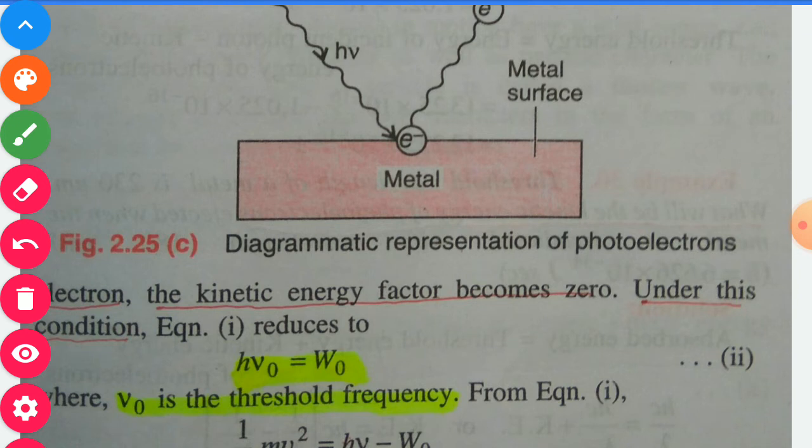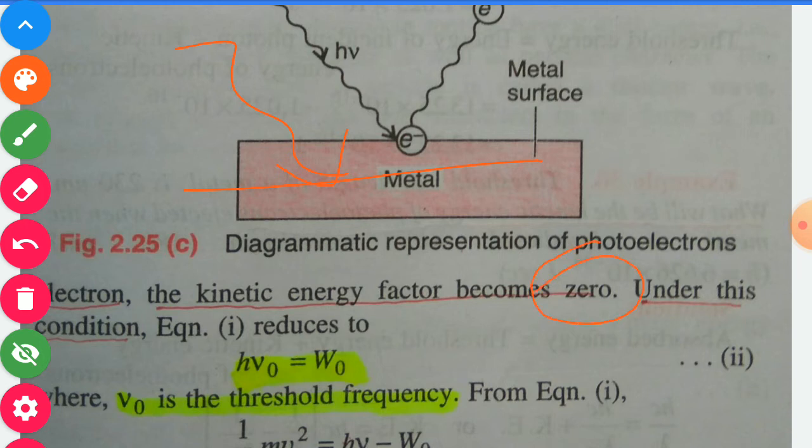Means this is the metal surface and this is the incident light. So if the energy of incident light is not much more, means it is just equal to the work function, but unable to give kinetic energy to the ejected electron, at that time kinetic energy is found to be 0.